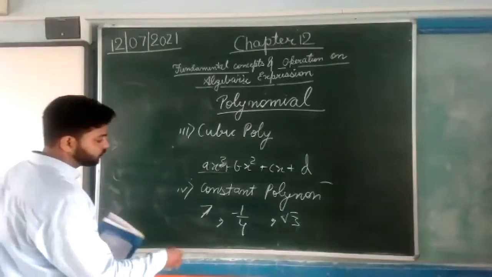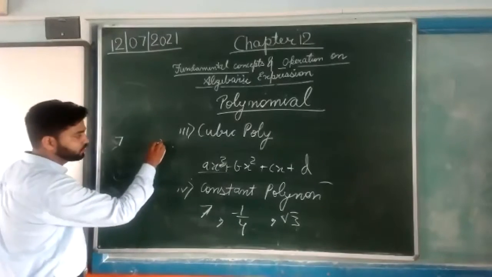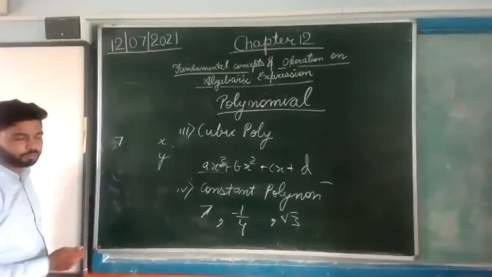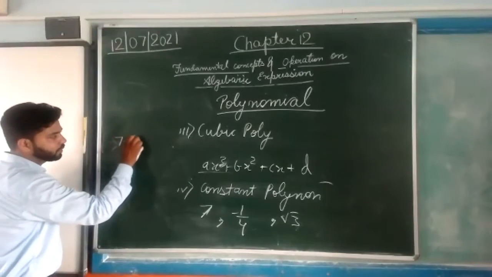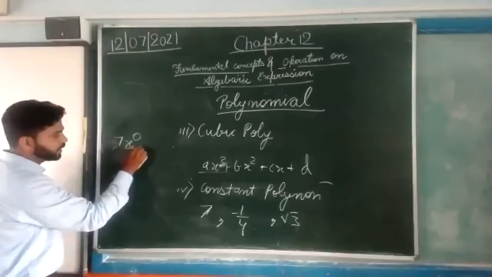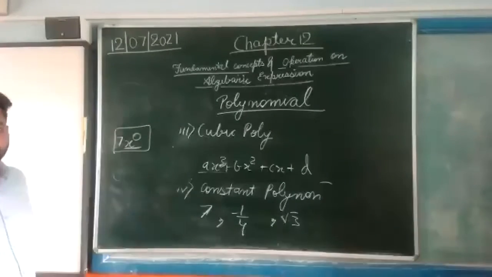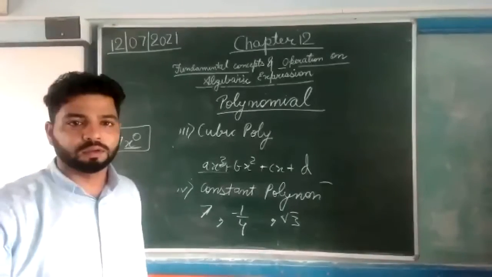So 7 is only a constant, there is no x and there is no y. So we can say constant polynomial. But instead of that, we can also write x to the power 0. As I have told you in chapter 2, any number having power 0 is 1. So this is a constant polynomial. Okay? Everyone is getting me?